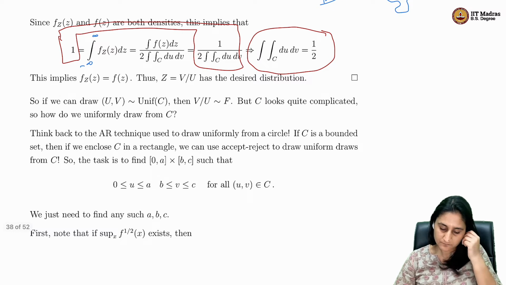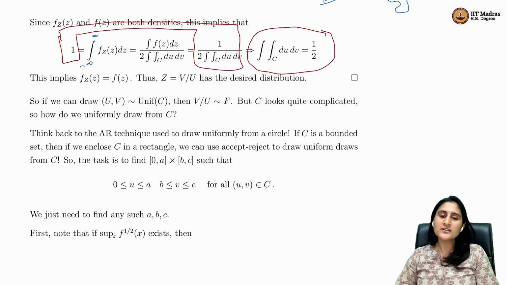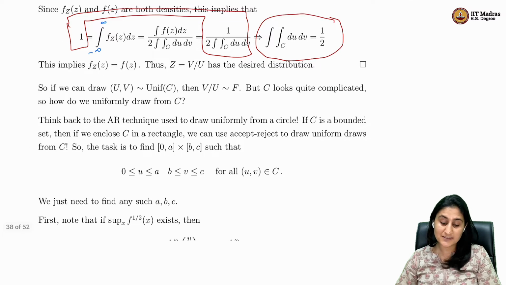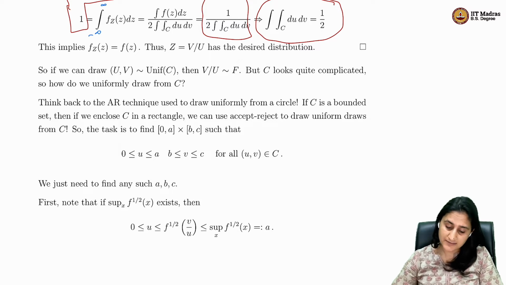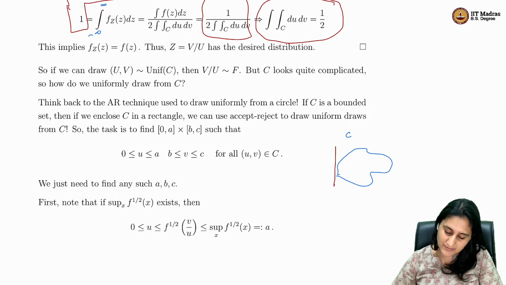Okay. So like I said, C looks quite complicated. So how do we uniformly draw from C? Well, the good thing is that we need not actually know exactly what the shape of this set C looks like. All we need to do is, just like the circle example, if I have a set C that looks something like this, all I need to do is bound this set C inside some box.